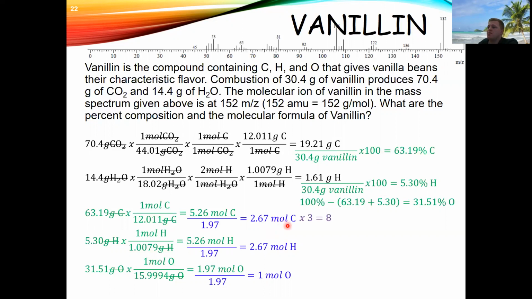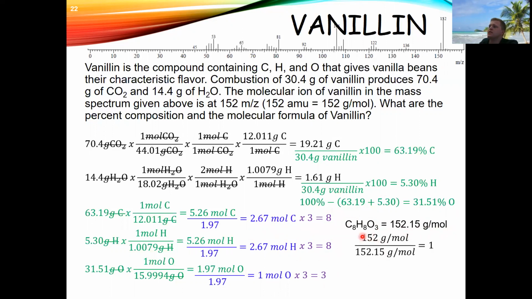But anyways, if we multiply all of these by 3, we find that there's 8 carbons, 8 hydrogens, 3 oxygens. So that would be our empirical formula, C8H8O3. We calculate the mass of our empirical formula. We find that it weighs 152.15 grams per mole.